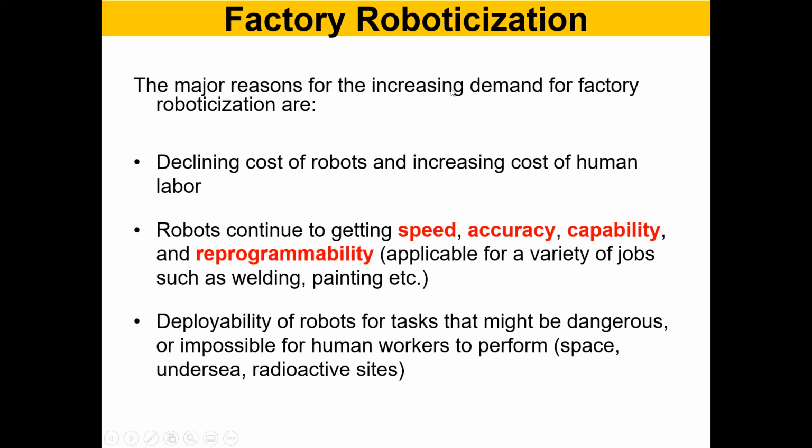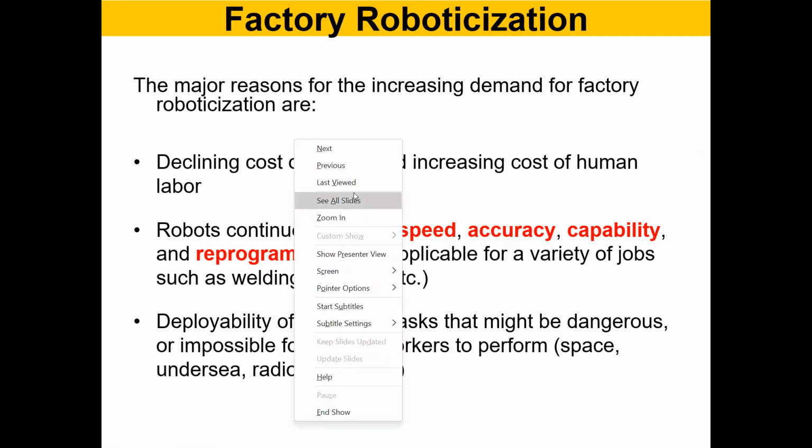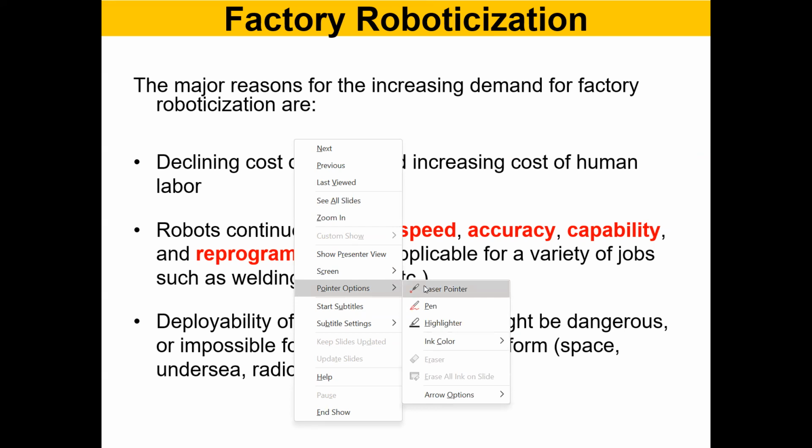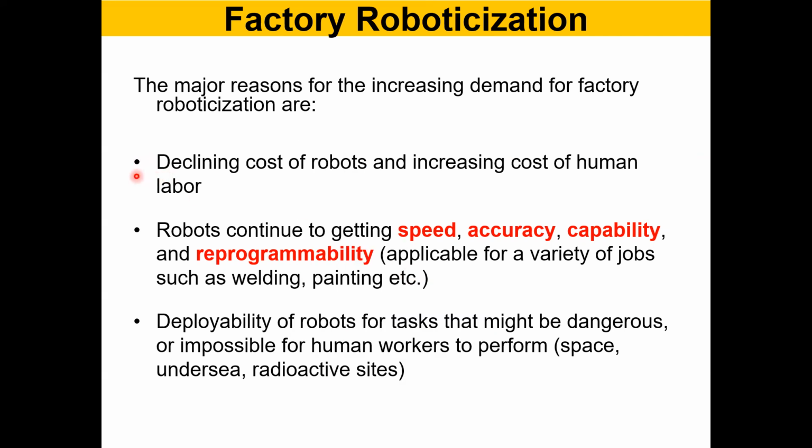Like first one, declining cost of robots and increasing cost of human labor. That's one of the major reasons why companies or factories want to use robots rather than humans, because human labor cost is only increasing, whereas the cost for robots is declining.